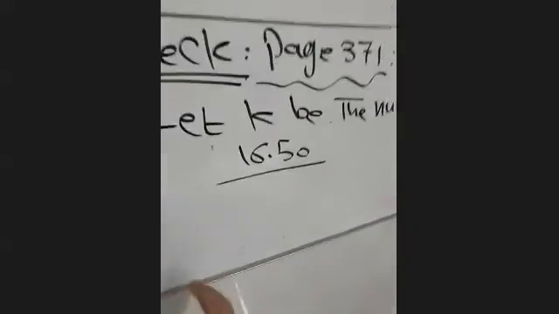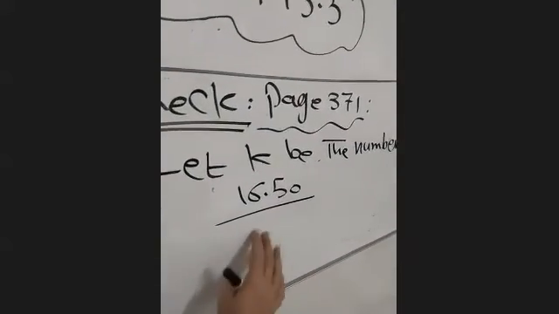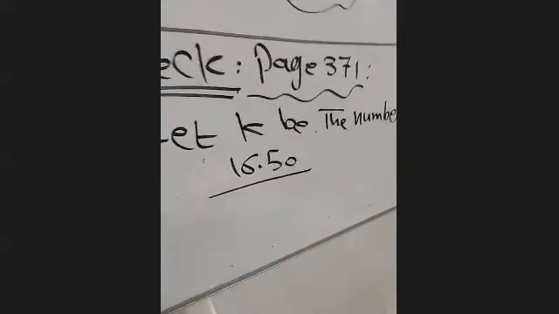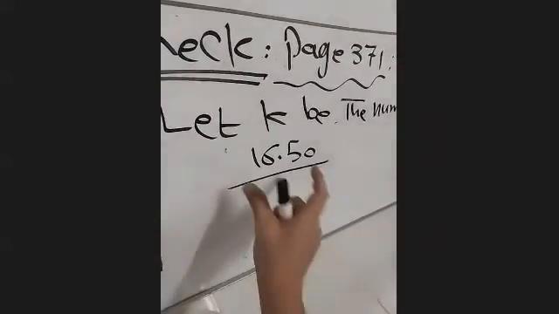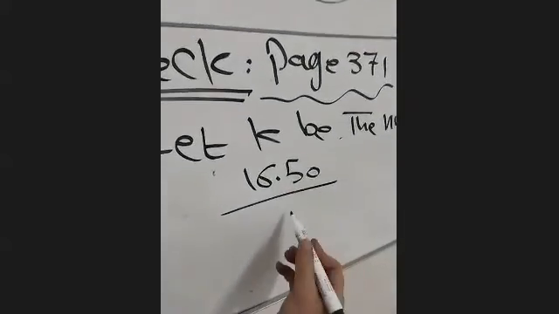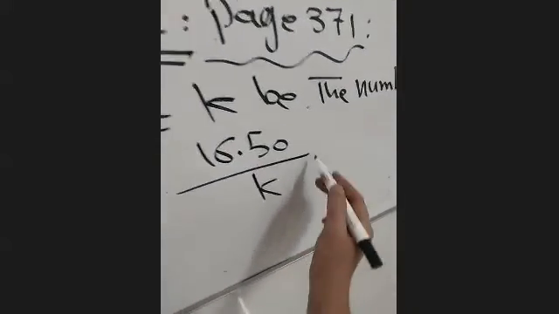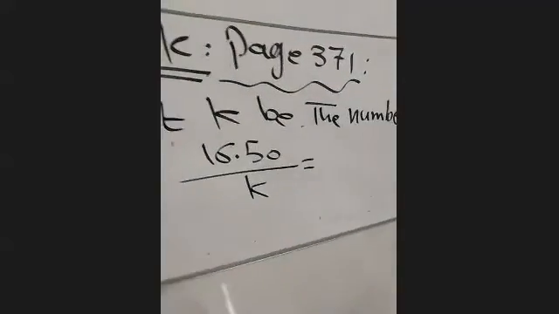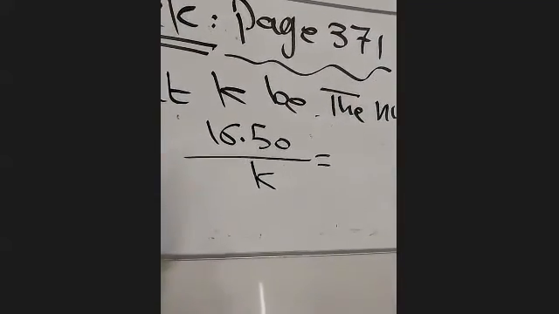The total of the money divided by the number of the people, which is K, should be equal to what for each one? 2.75.